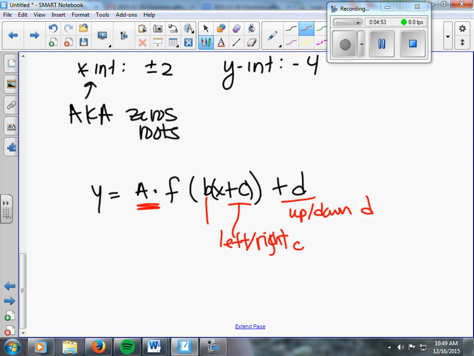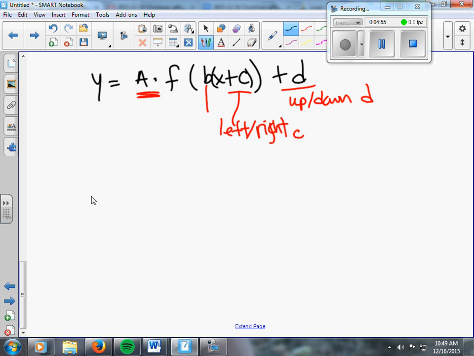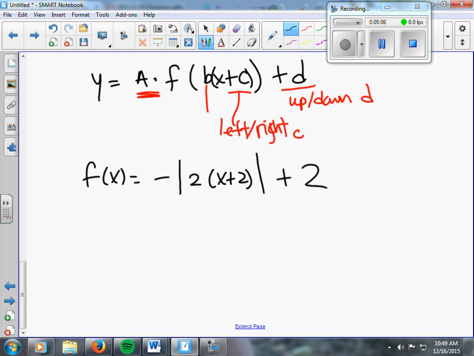So for example, f of x equals negative absolute value of 2x plus 2, plus 2. This would reflect over the x-axis. That's because of this negative. So you also have reflections. It has a vertical shift up 2, a horizontal shift left 2, and a horizontal shrink by a factor of 2.